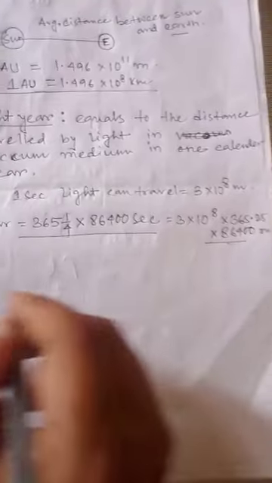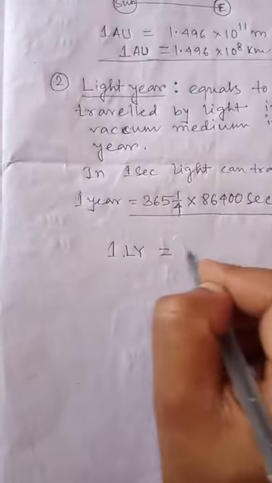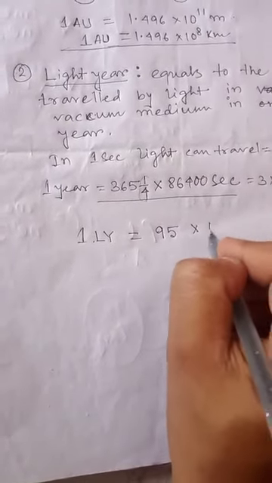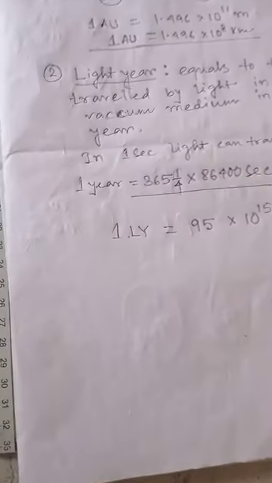If we calculate it, we get 1 light year equal to near about 9.5 into 10 to the power 15 meter.